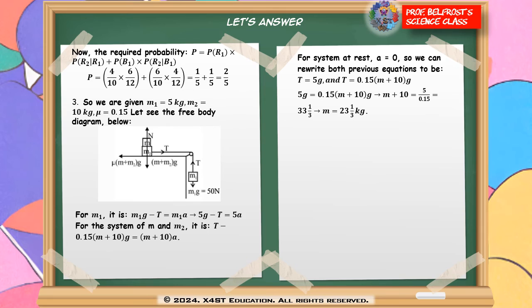So we just need to equalize these two equations, and we get 5g equals 0.15 times the sum of M and 10 times g, which gives us M plus 10 equals 5 over 0.15, and it gives us 33 and a third, which means that M is 23 and a third kilograms. And that's the solution for the third problem.